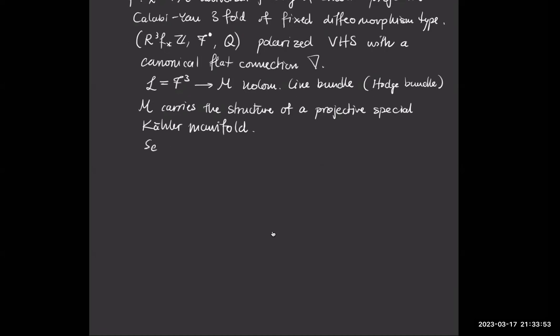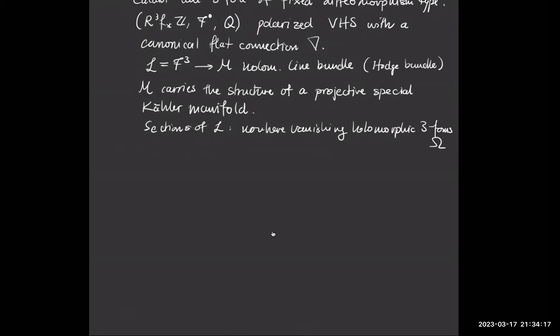So first we observe that sections of L are just nowhere vanishing holomorphic 3-0 forms, which I will call omega.